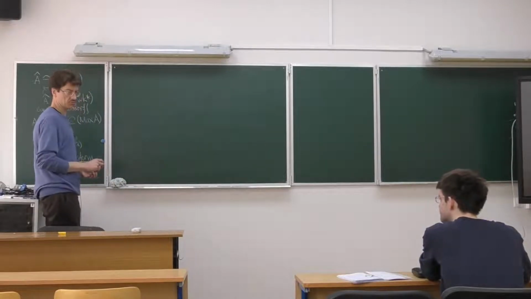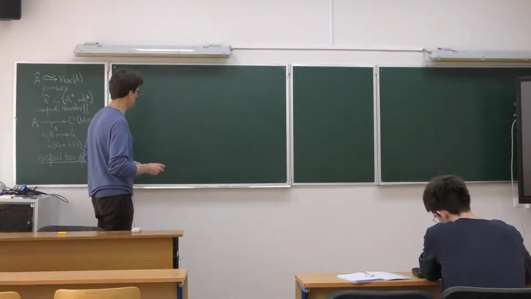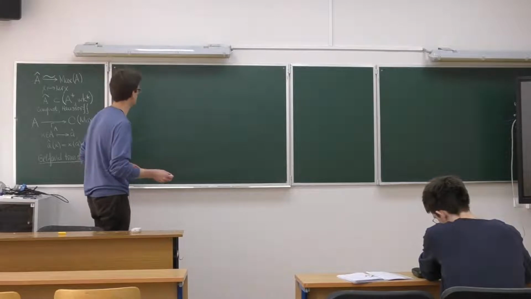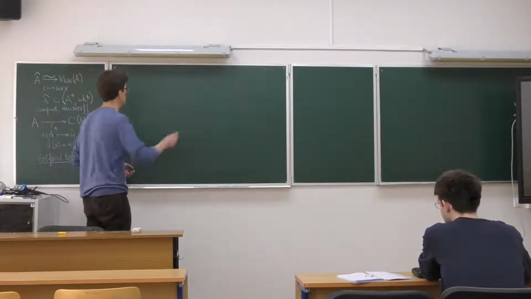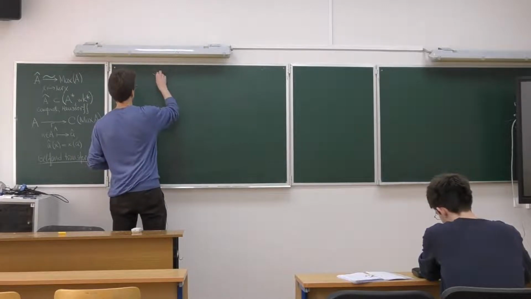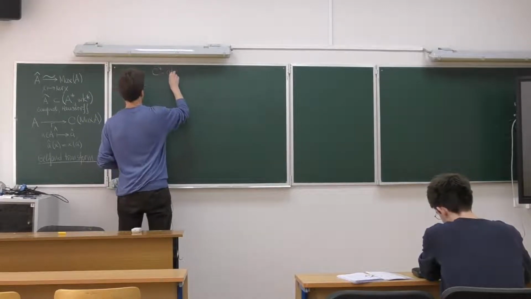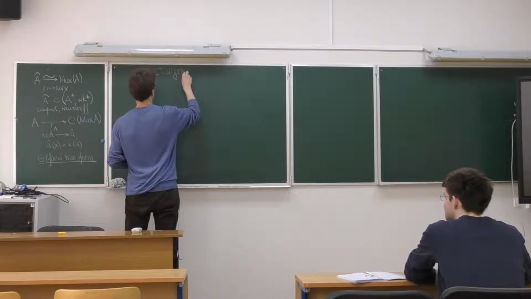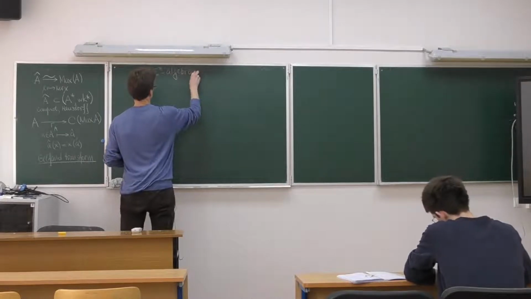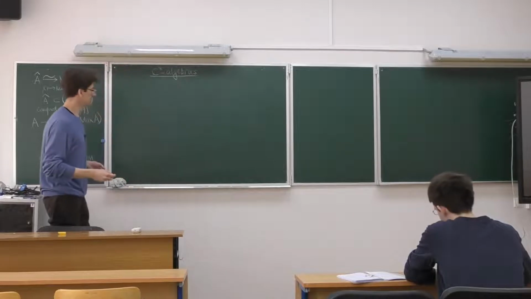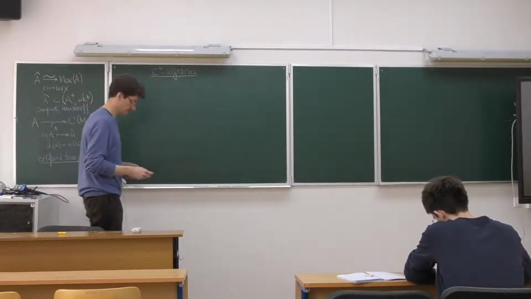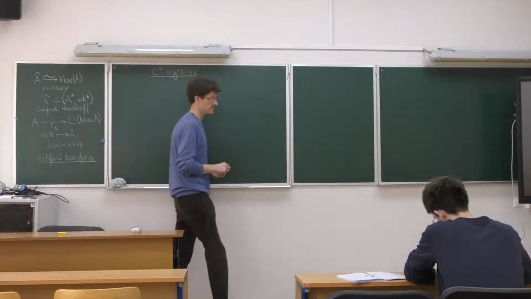So our main goal for today is to introduce a very important class of Banach algebras. Actually, probably this is the most important class of Banach algebras. And they are called C-star algebras. And our main result for today is the so-called Gelfand-Naimark theorem.